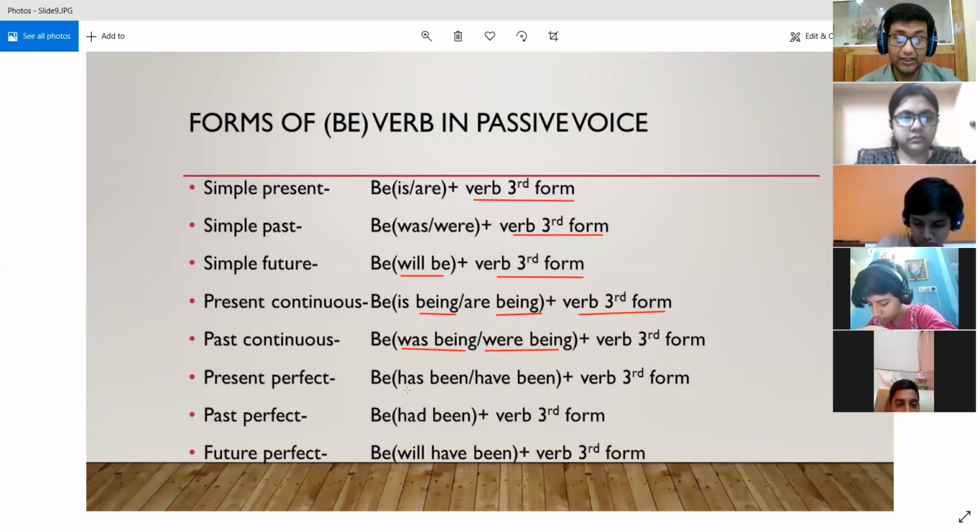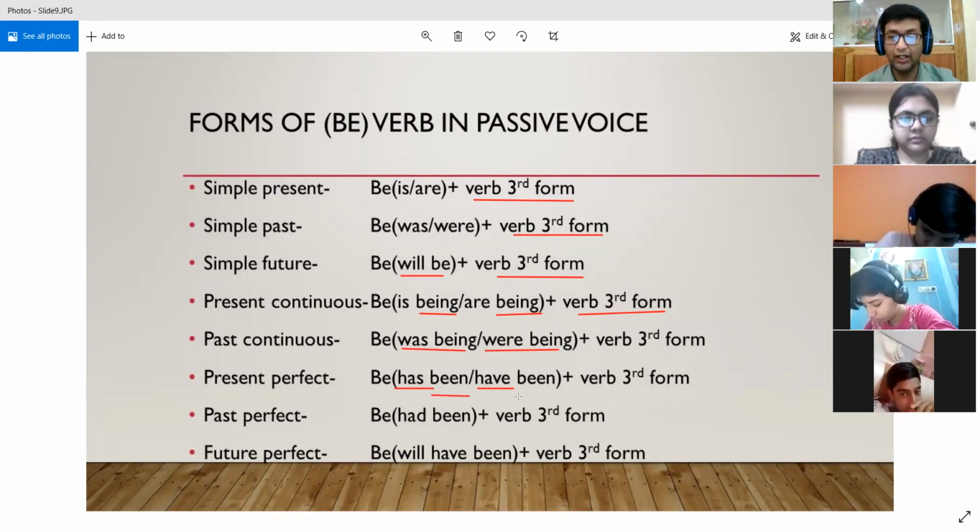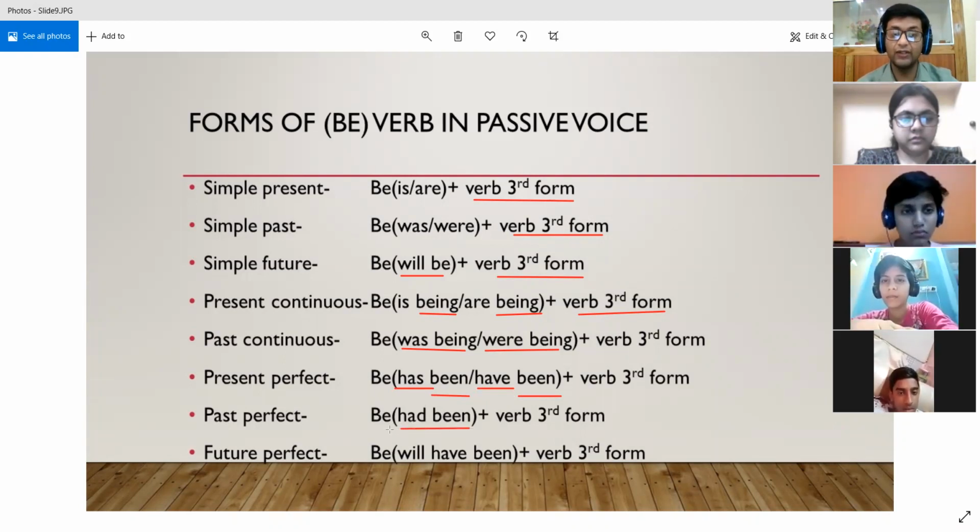So here you can see we use has and have in the perfect tenses case, and we add been. So the correct form of be verb for the perfect tenses is has been and have been. And for the past tense, naturally it will convert into had been, because when we are talking about the past, we will use had been.